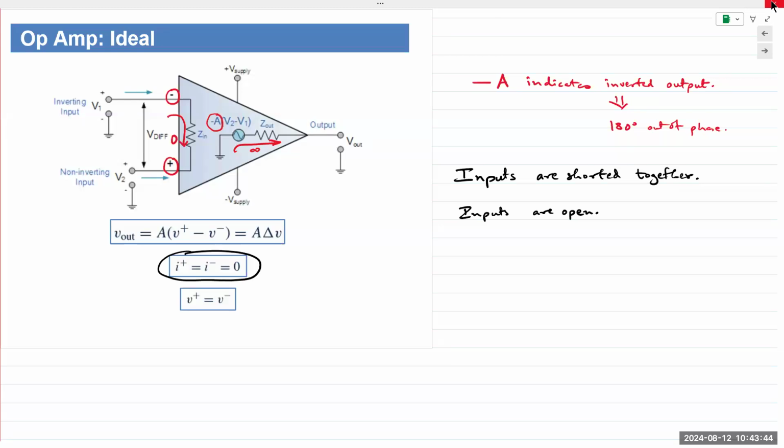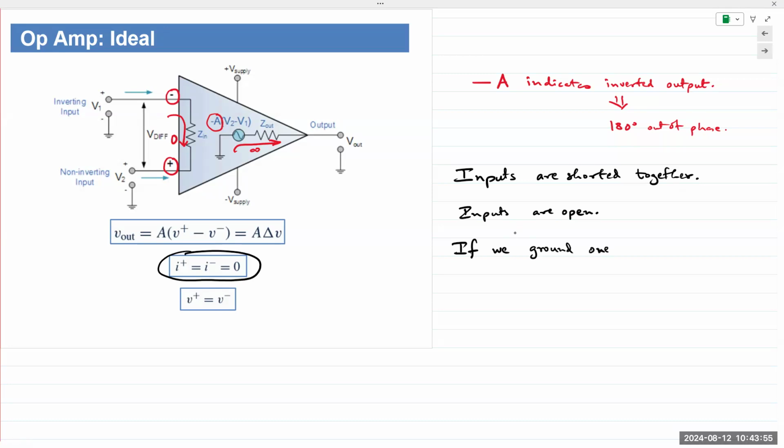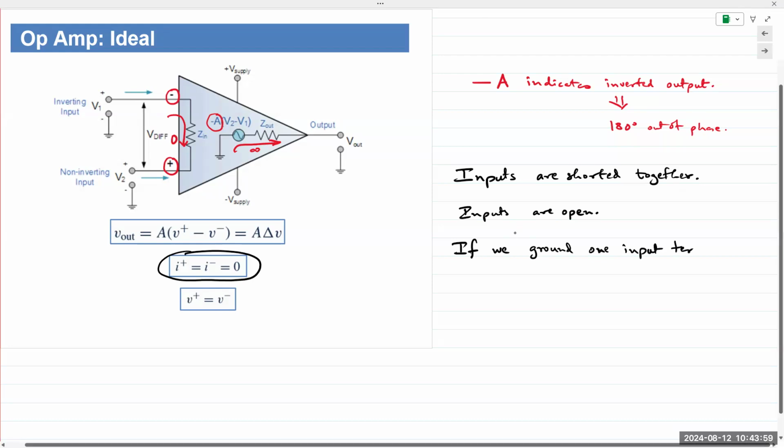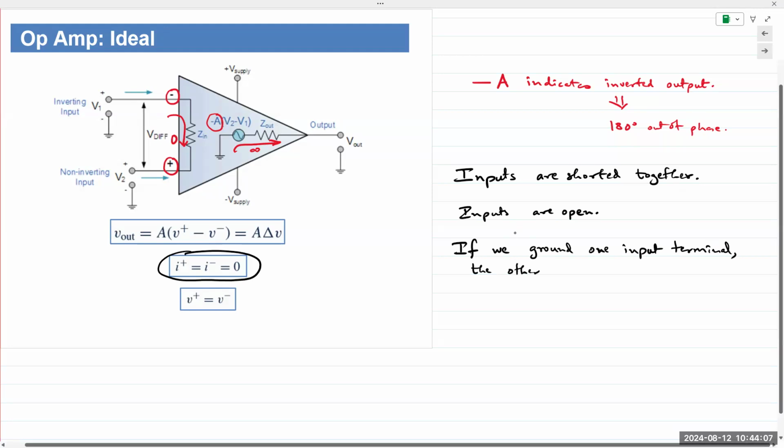The key thing here is that if you ground one input terminal, the other is also grounded, and we refer to that as a virtual ground.